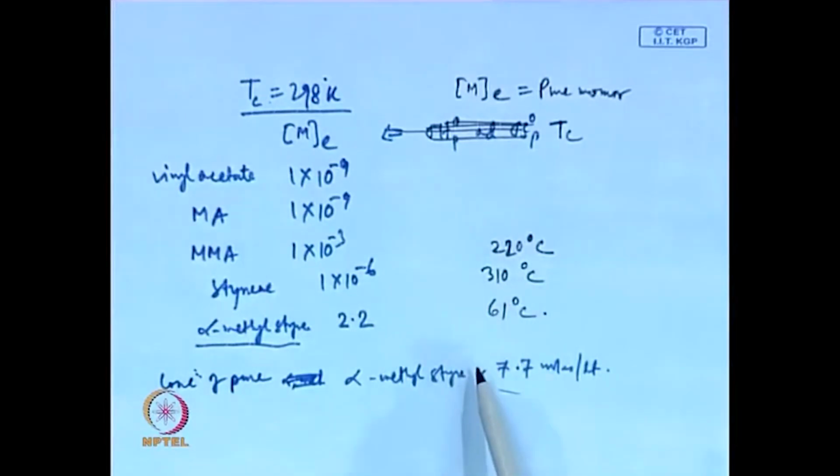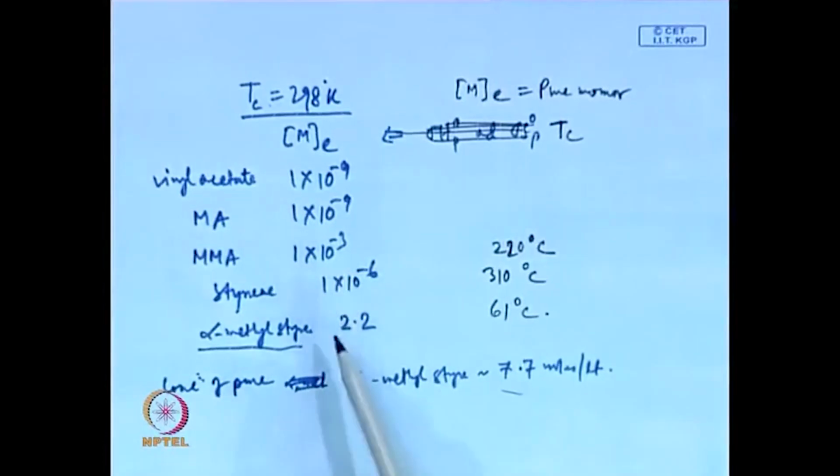This is the concept of the ceiling temperature and how it influences your polymerization process. Every temperature you can consider as a ceiling temperature. Normally you do the reaction at a little higher temperature, say 80 degrees or 100 degrees.